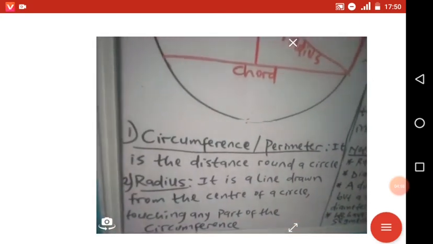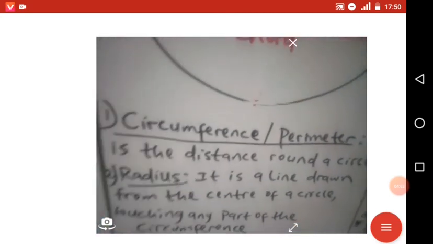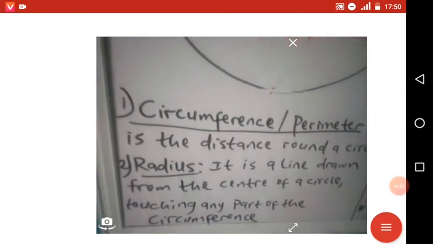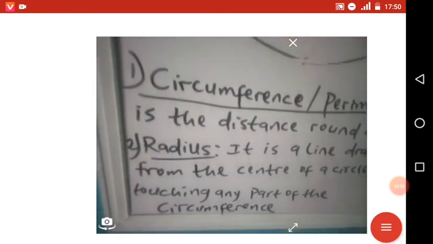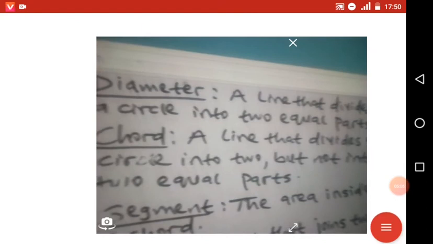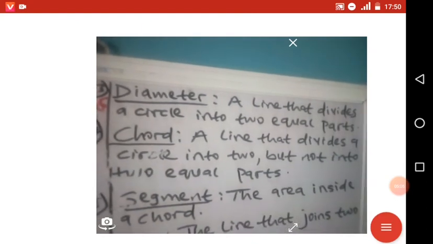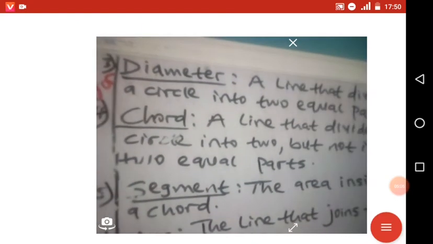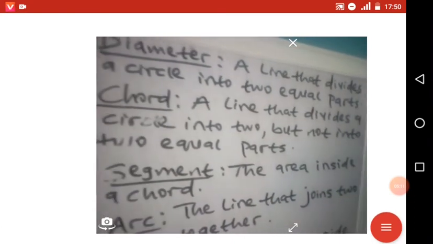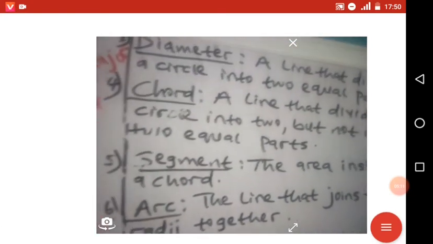So we have talked about the circumference or the perimeter of a circle, which is the distance round a circle. The radius is a line that is drawn from the center of a circle, touching any part of the circumference. A diameter is a line that divides a circle into two equal parts. A chord is a line that divides a circle into two, but not into two equal parts.